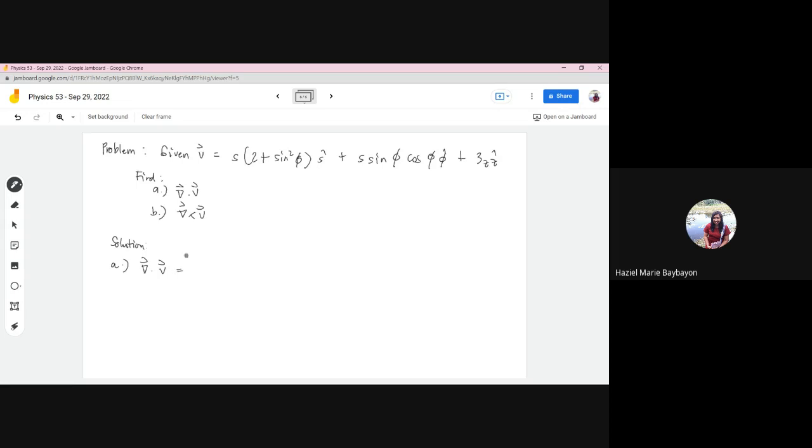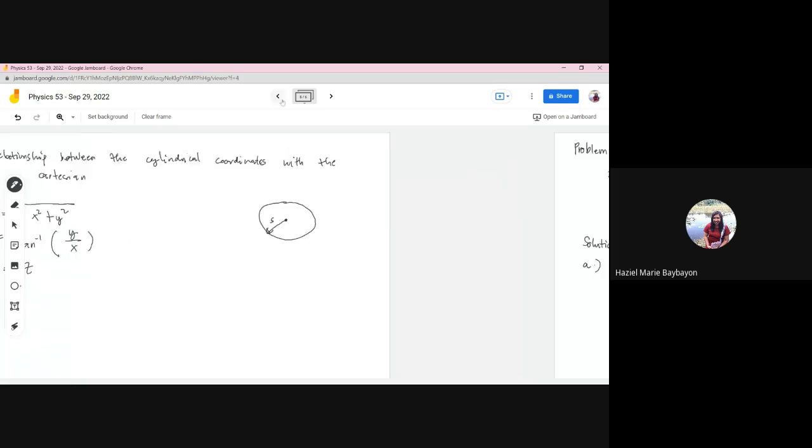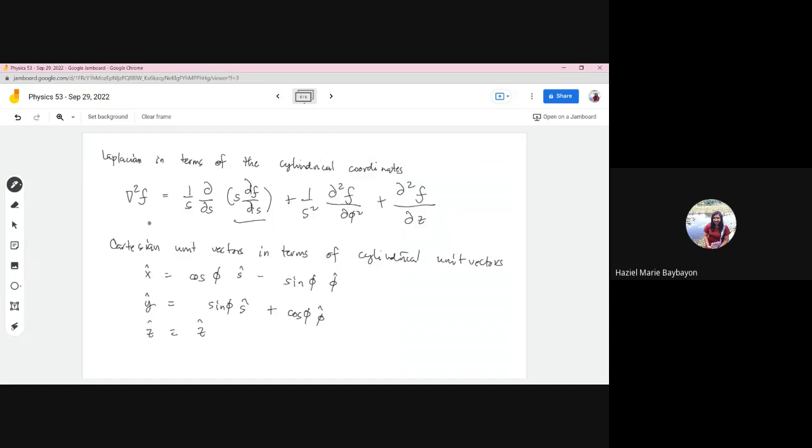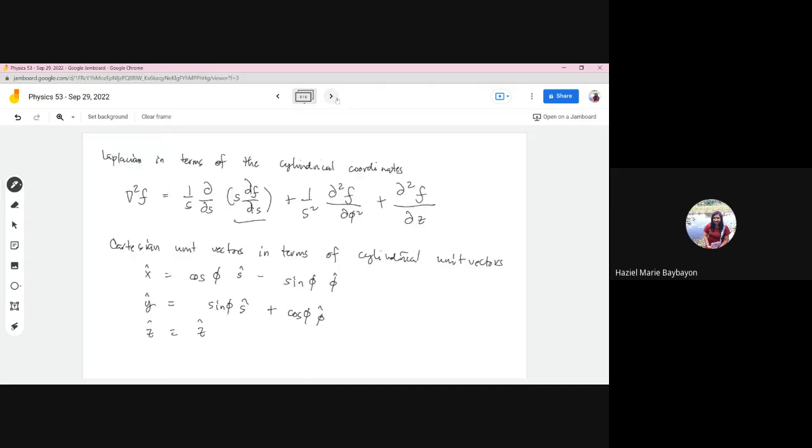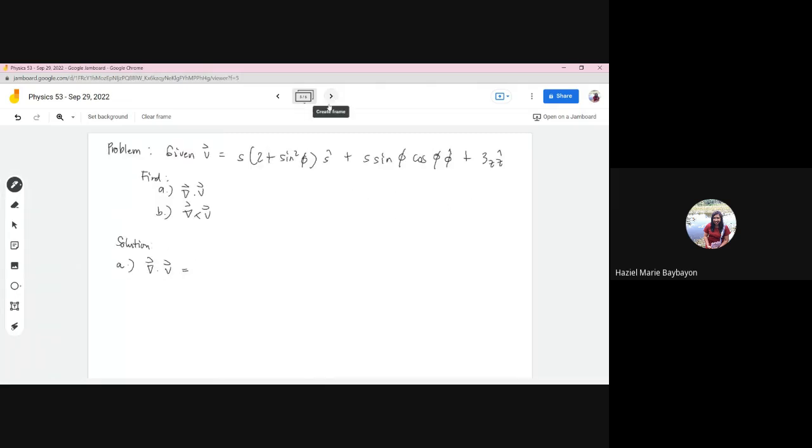Let us take a look at our divergence in terms of the cylindrical coordinates. You have this expression, which you have seen already.